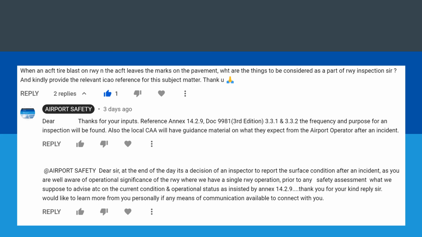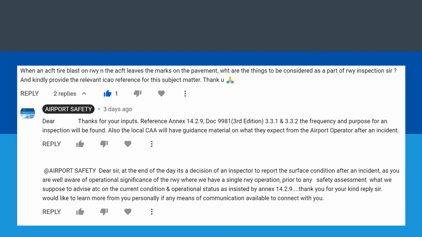Yes, this was promptly responded to, and I made it known to the viewer that yes, Annex 14, Chapter 2, Section 9, and Document 9981, Chapter 3, Section 3.1, and Chapter 3, Section 3.2 state the frequency and purpose for an inspection.